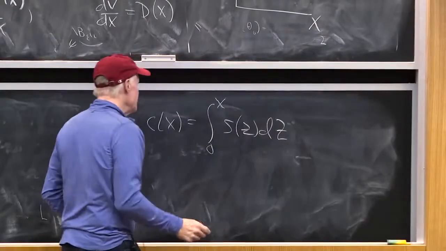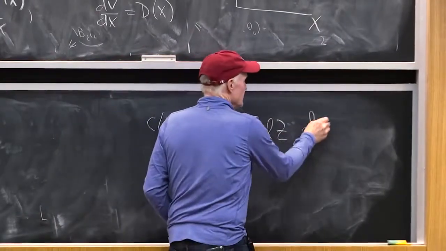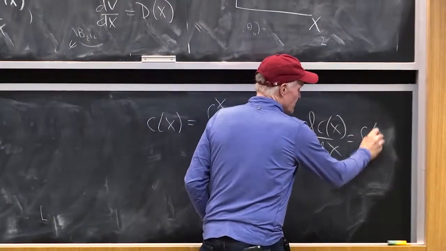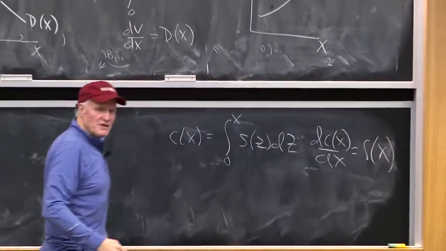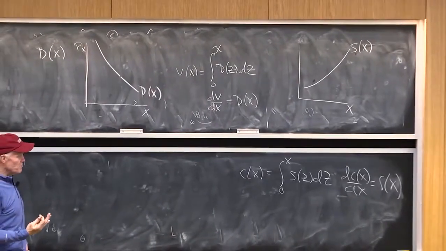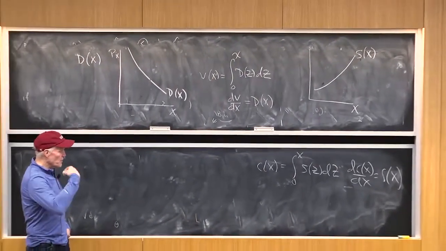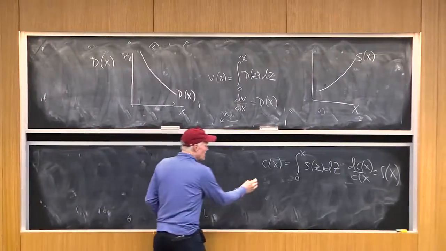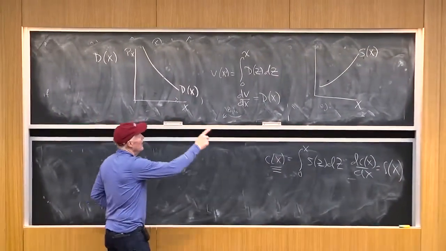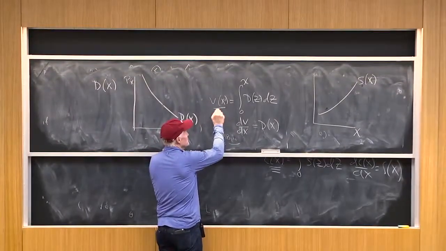And of course, for that same reason, dc/dx would be s of x, right? So in other words, if I had a supply function, I could think about it as corresponding to some cost structure. And if I had a demand structure, I could think of it as corresponding to some total value schedule.